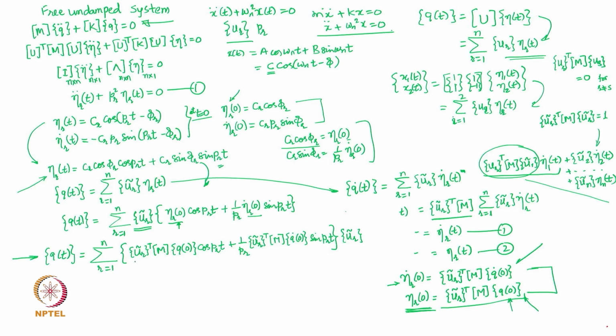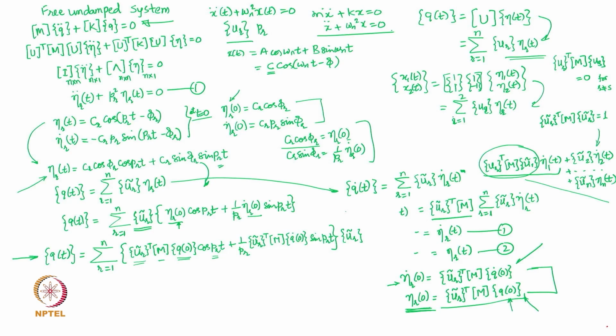In terms of your modal parameters like your mass normalized eigenvectors, your physical initial conditions, your mass matrix, and other modal parameters like pr. Everything is known completely here, and so you have the response completely estimated.